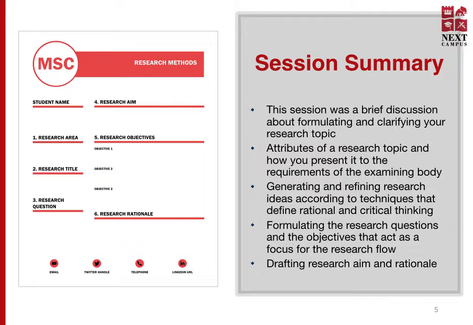Then we looked at how we refine the research topic and convert it to the research question, research title, research aim, research objective, and finally looking at the research rationale or the justification. I think now you are equipped to look at the research that you plan to do and start making notes and building your research using this session's tutorials.